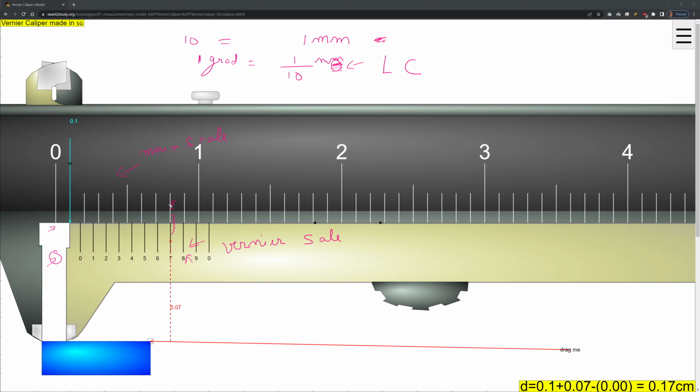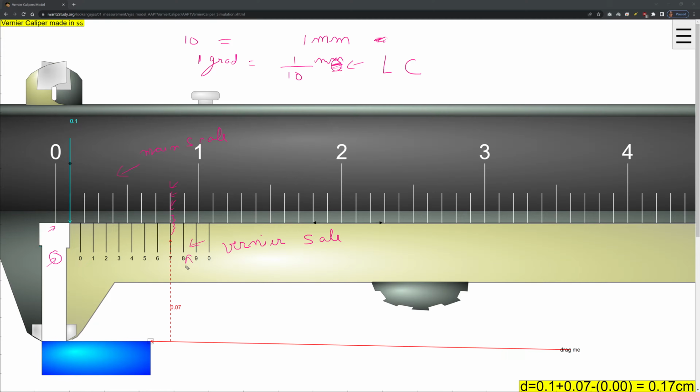Here 7 is lining up with a main scale gradation, and we have looked at why this works in a separate class, so definitely search for that class. No other mark lines up so well as the 7 mark of the Vernier scale. So my Vernier scale reading becomes 7, which is 7/10 of a millimeter, or 0.07 centimeter.